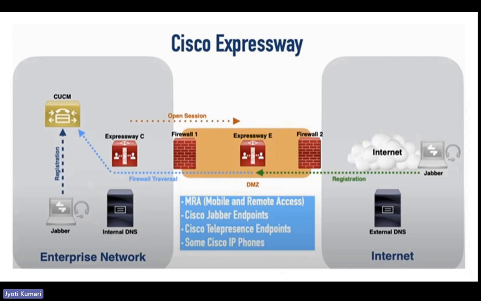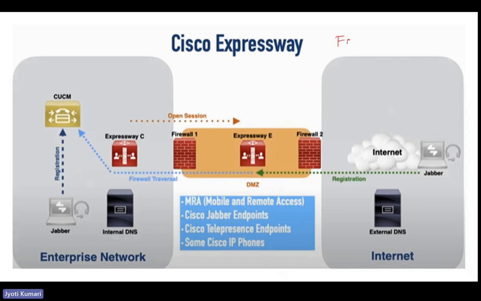So let's say there is someone here, as we can see in this example, outside on the internet, and they are using, let's suppose, the Jabber application on their smartphone also. Yeah, so they can come in and register to the CUCM in the headquarters through this firewall with the help of Expressway. So Expressway is the one who would let us do that via firewall traversal.